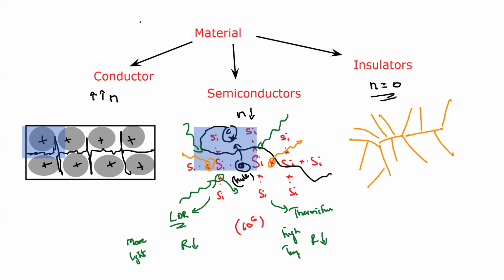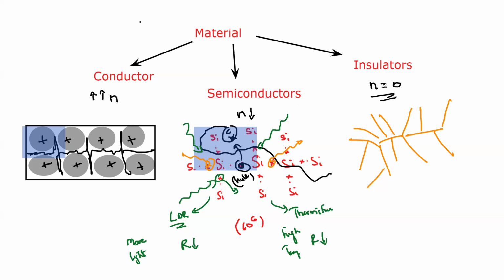Glass is an insulator at room temperature, but as we increase the temperature too much, we start to produce those electrons by breaking the bonds and the material starts to conduct. But at room temperature, insulators do not have free charges. So the value of N is equal to 0.